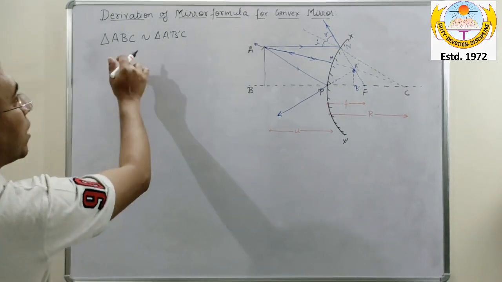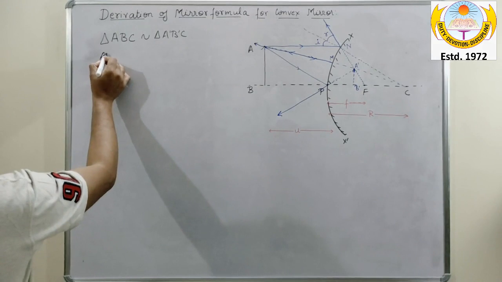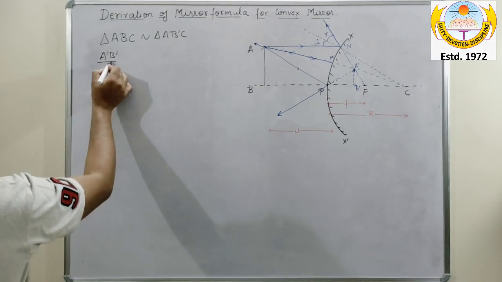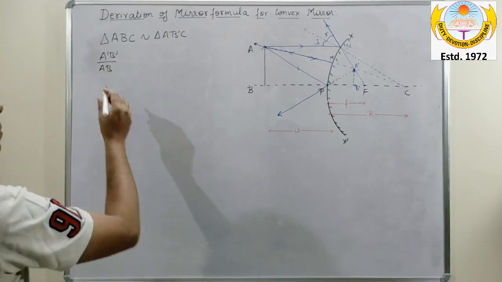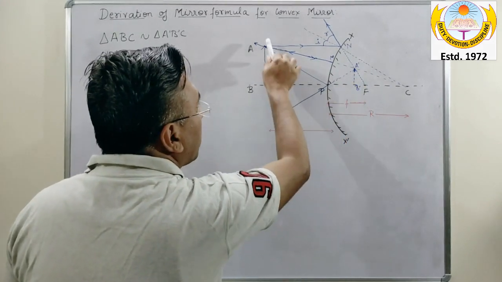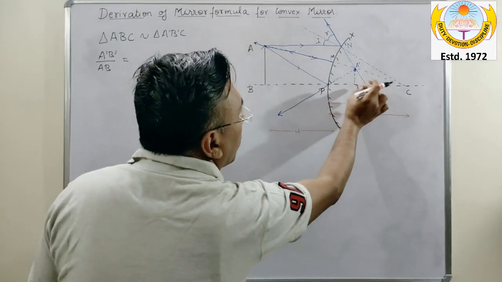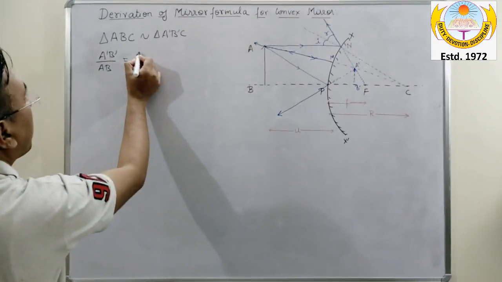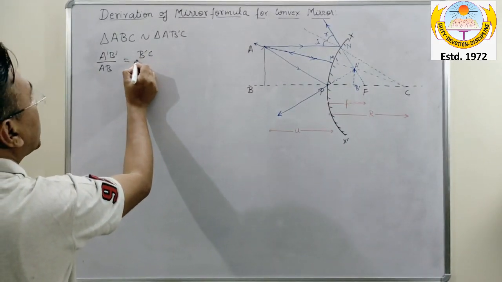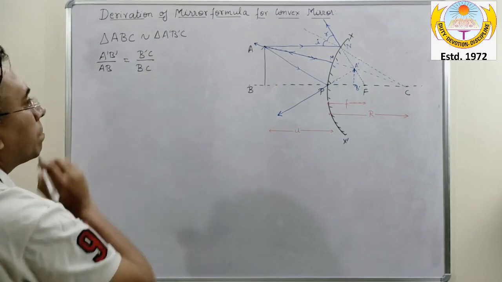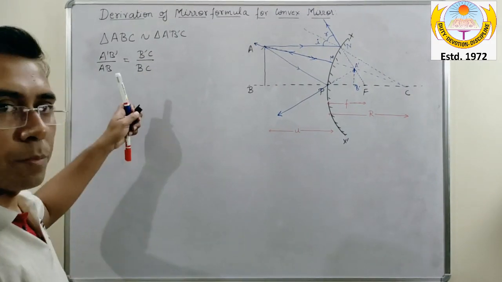Now from this, I can write a relation that A dash B dash upon AB, that is the ratio of the perpendiculars of these two triangles, equals B dash C upon BC.